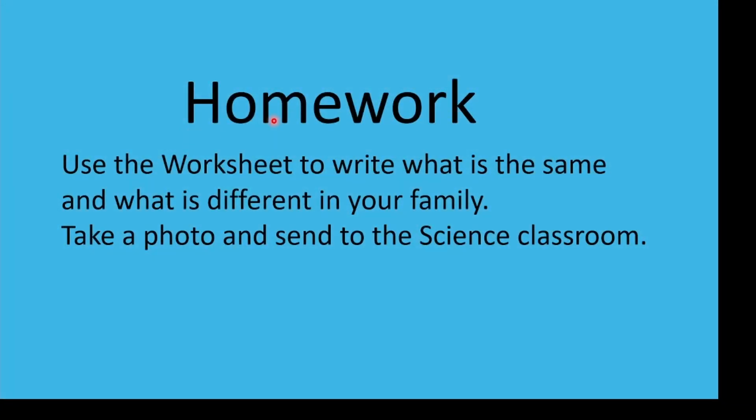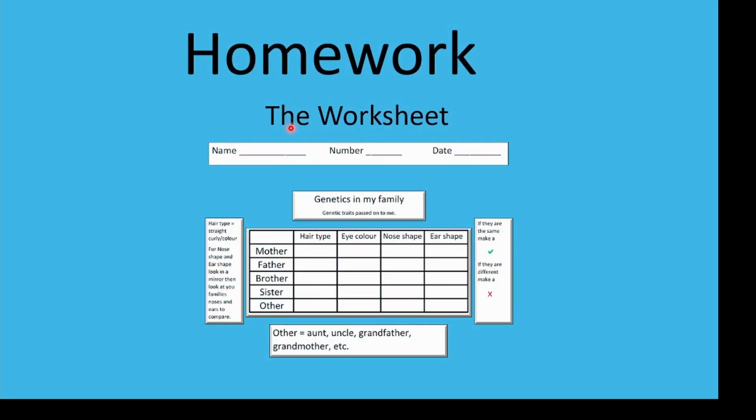Homework. Use the worksheet to write what is the same and what is different in your family. Take a photo and send to the science classroom. Okay, so this is the worksheet.